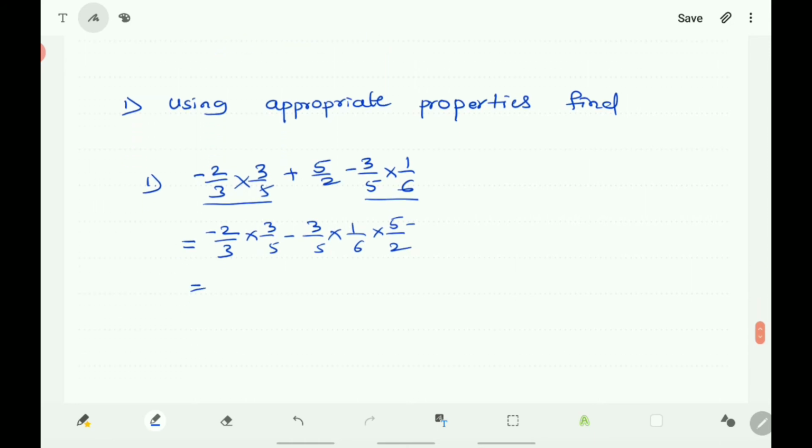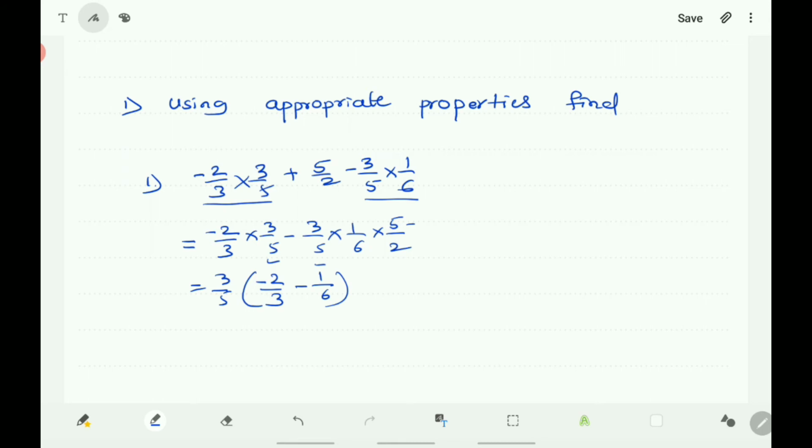Here 3 by 5 is common, so you can take that outside. Then 3 by 5 into, what is remaining here, minus 2 by 3. And here minus 3 by 5 is outside, so what is remaining is 1 by 6.